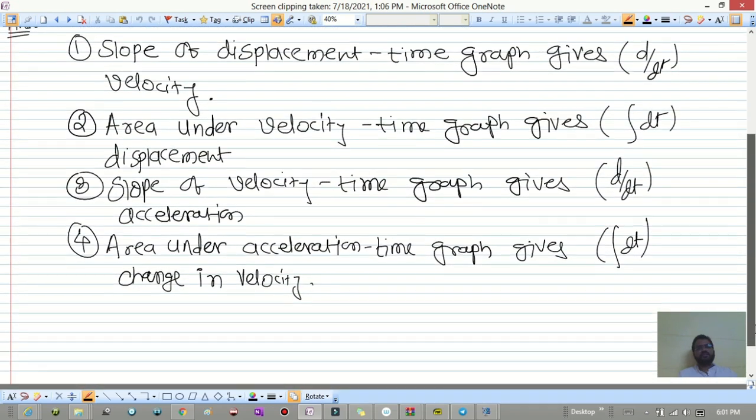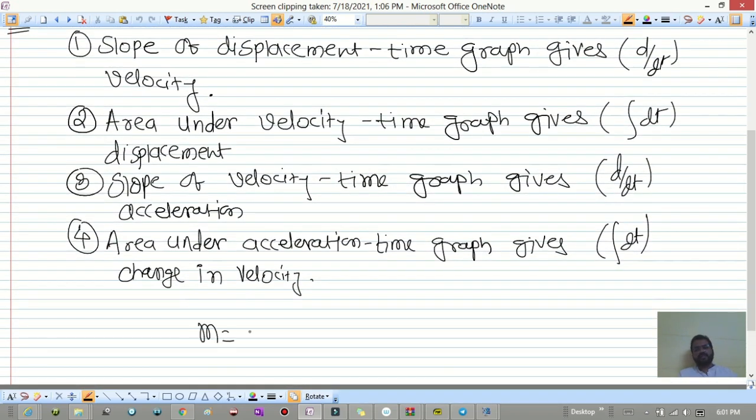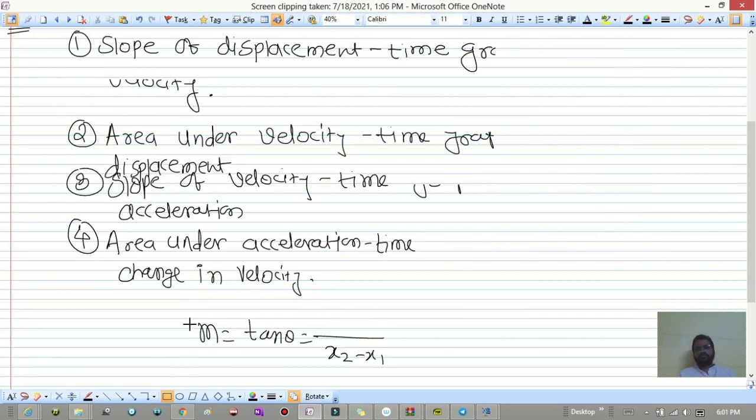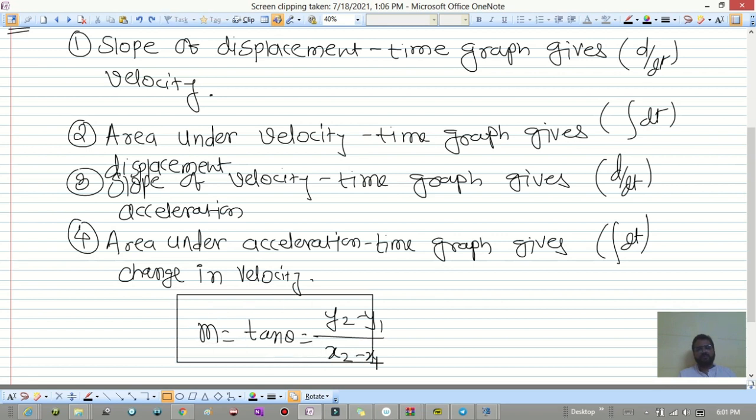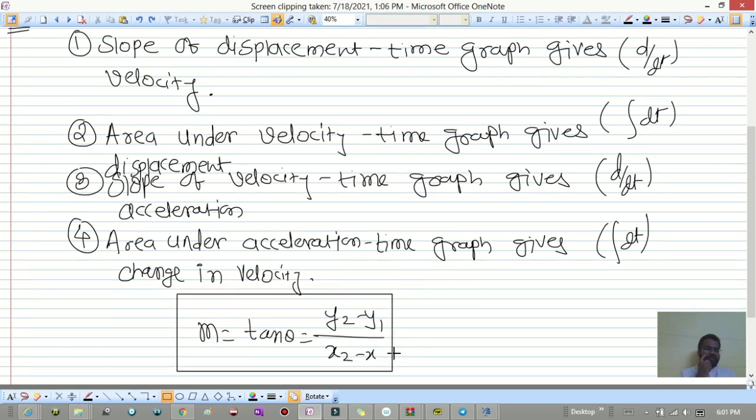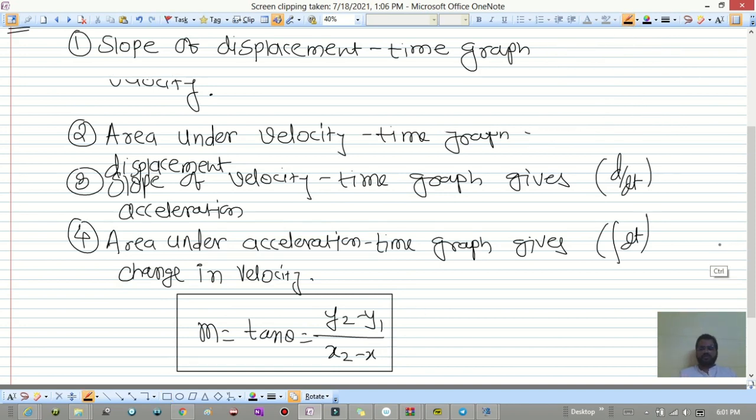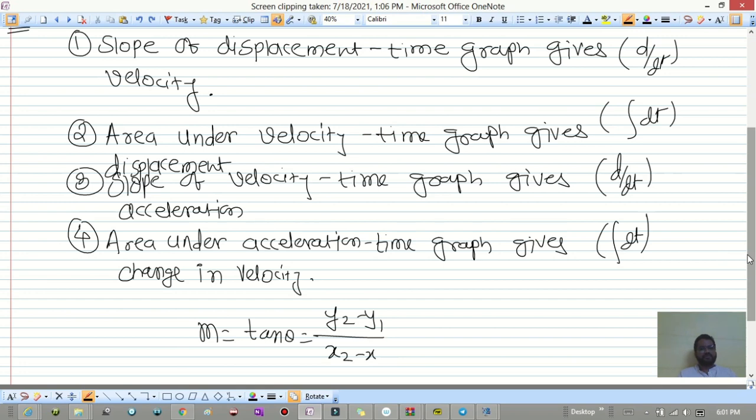So over here, the slope indicates m, and that is equal to tan theta, and that is equal to y2 minus y1 divided by x2 minus x1, right? So though you are giving the NEET, you have to remember these things. Okay, slope is tan theta, that is equal to y2 minus y1 by x2 minus x1.